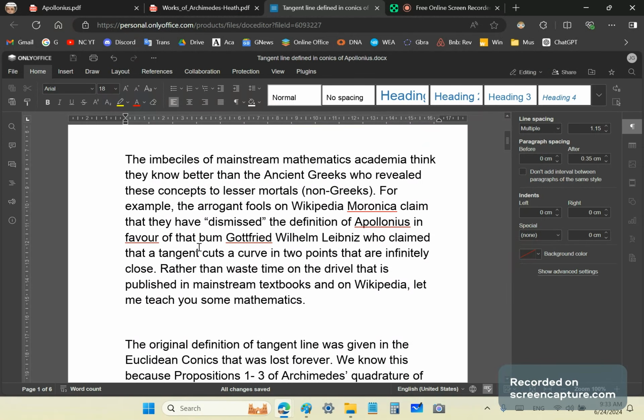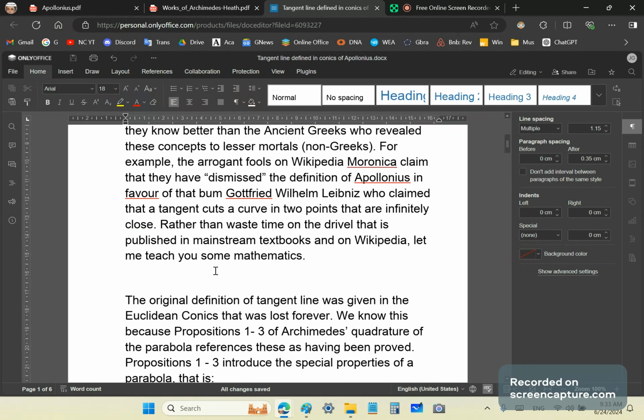So we're going to see now how to understand this in terms of the way Apollonius understood it and proved it.